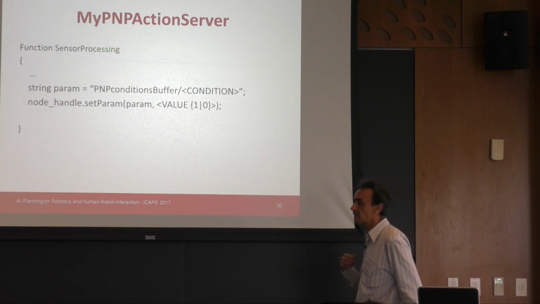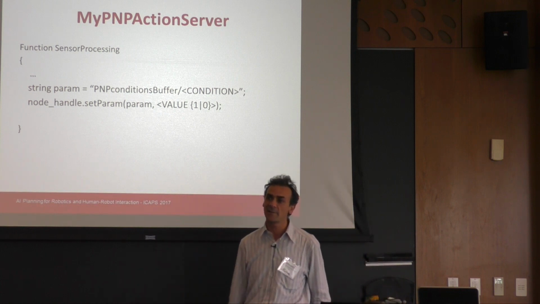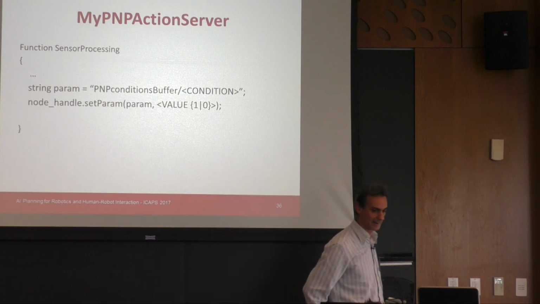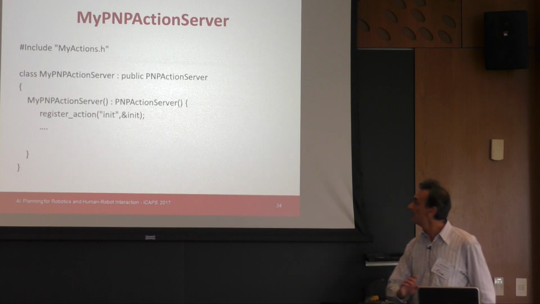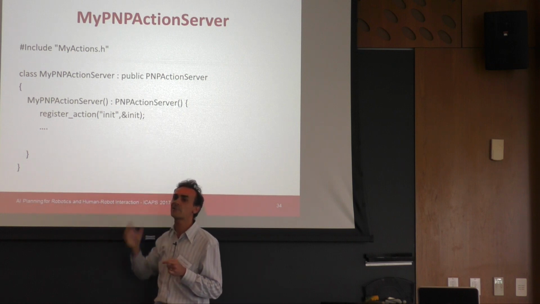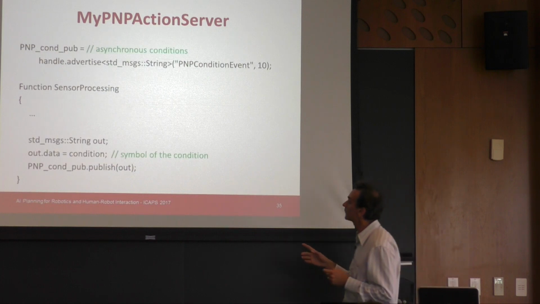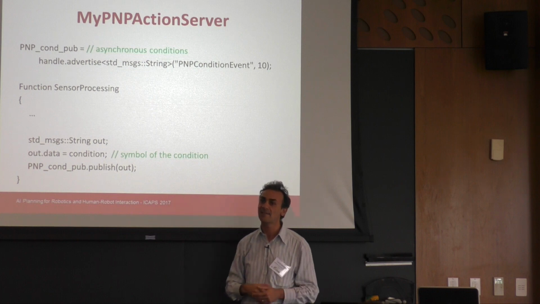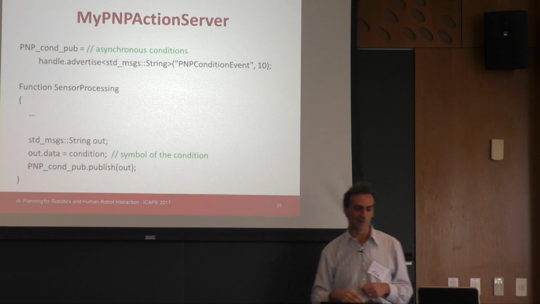Or if it's a synchronous event or synchronous processing, something that is computed at every cycle, you can just write the value on a ROS parameter. So this means that in this way, you are able to match the names of the actions with functions that will be executed, and you are able to match some computation about sensing with strings that will activate the conditions in the PNP.